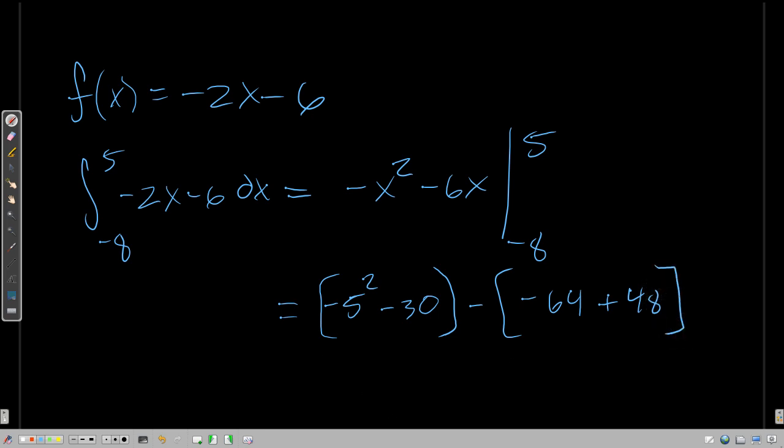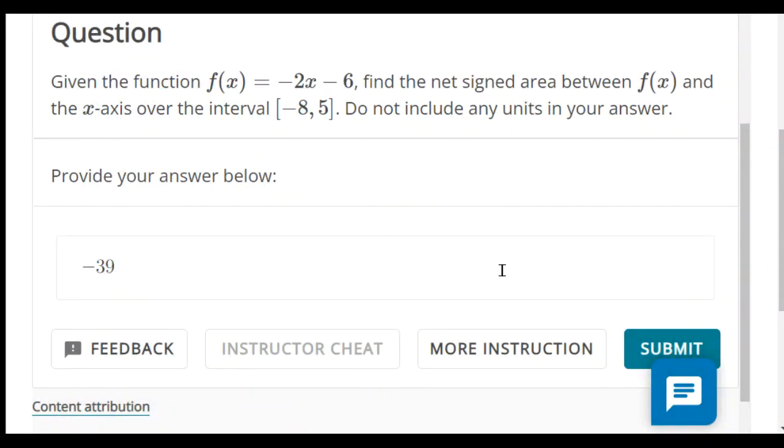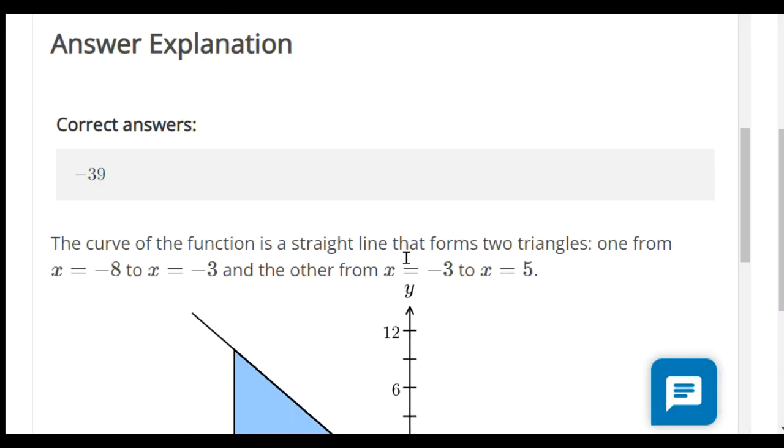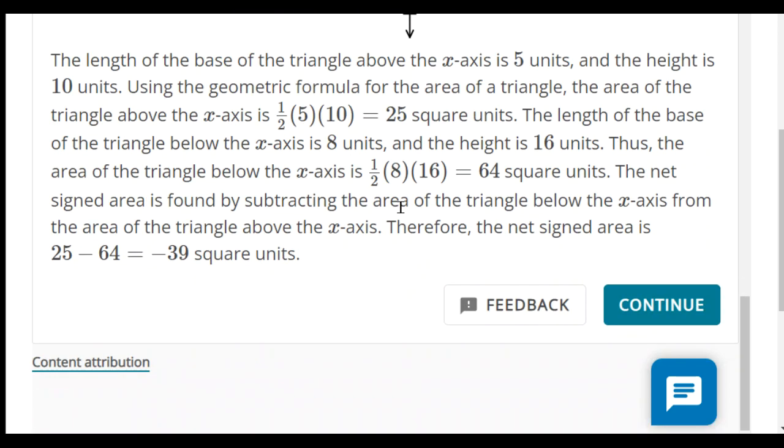And so, let's see. We get minus 25 minus 30, so that's minus 55, plus 64 minus 48. I get negative 39. Naturally, you can draw those triangles if you wish.